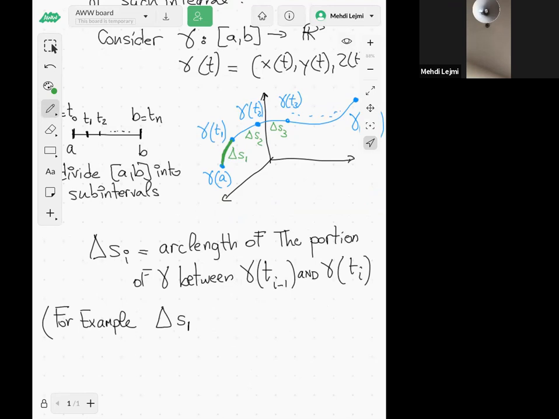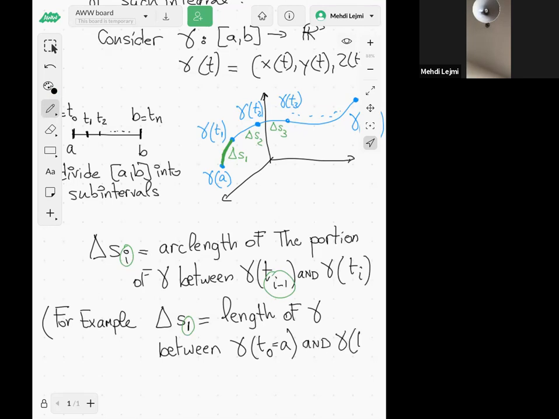And gamma of t1. My i here would be 1, so when I say i minus 1, that's 1 minus 1, that's 0. So that's why I get gamma of t0, right? And gamma of t1.